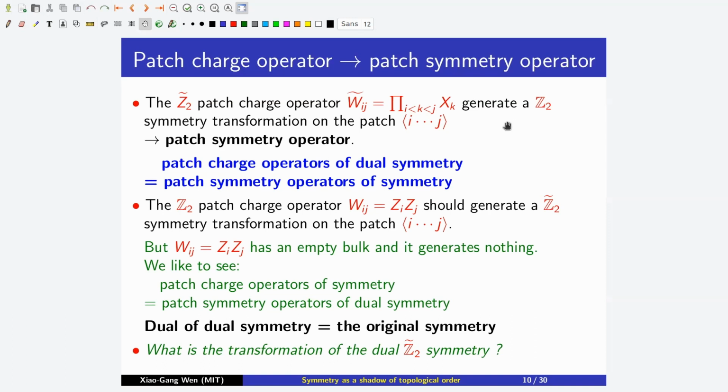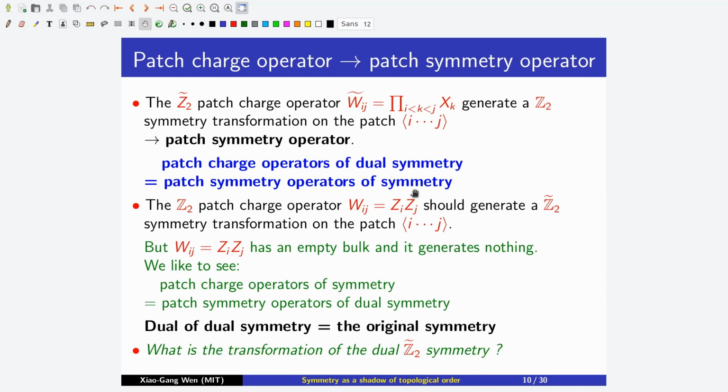So this is the point. We demand this relation: the charge operator for the dual symmetry is like a symmetry operator for the symmetry.